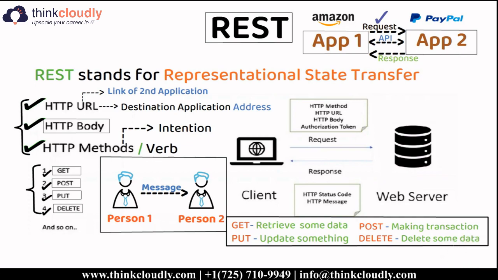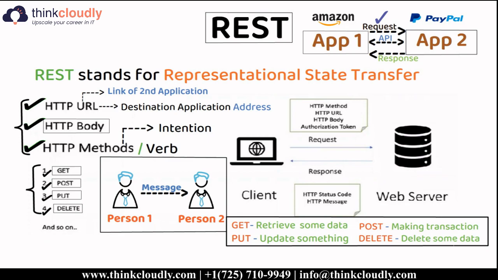So on behalf of these verbs, application 2 can understand the intention of app 1, that what application 1 is trying to say. So whatever request you pass, that will have all this information, the address, because see there are so many applications in the world. So address is important. Otherwise, how will application 1 know which is application 2?